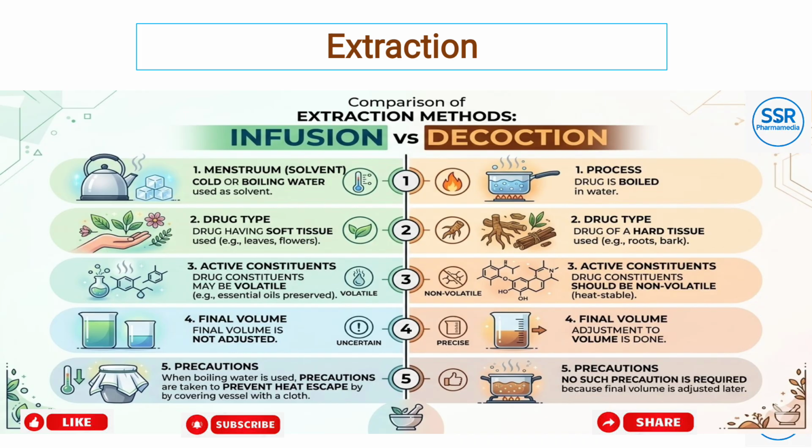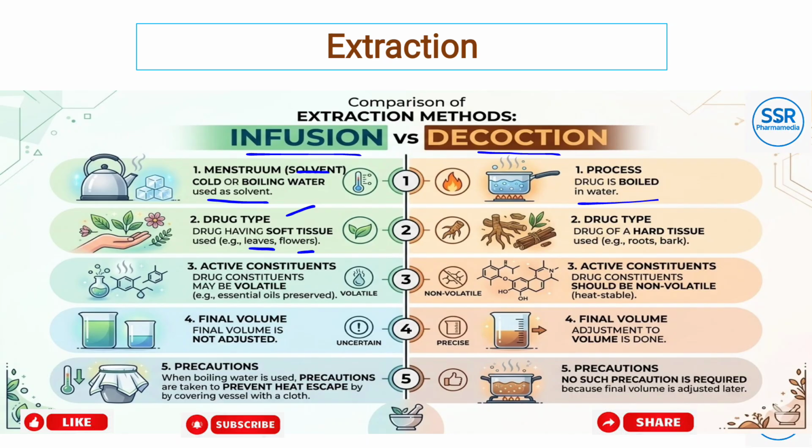Next is the comparison of extraction methods, like infusion and decoction. In infusion, the menstruum, meaning the solvent, is cold or boiled water. In decoction, we boil the drug along with the water, so the drug is boiled in water. The drug type for infusion is soft tissues like leaves and flowers.